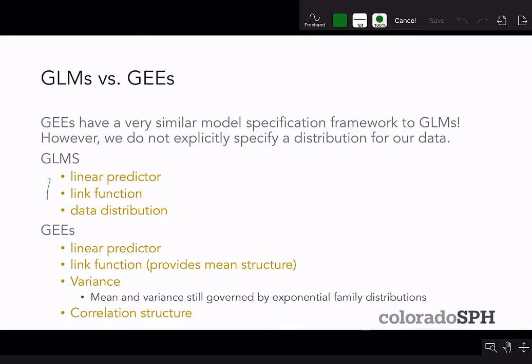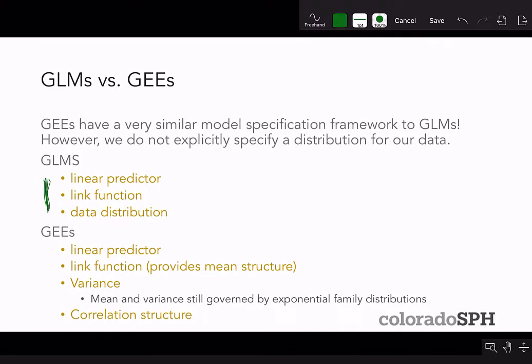So the way that we specify a GLM is using three components: the linear predictor, your x beta, a link function, that's your g, which is logit or maybe the log, depending on what your data is, and then your data distribution, maybe y has a Poisson distribution if you're looking at count data.